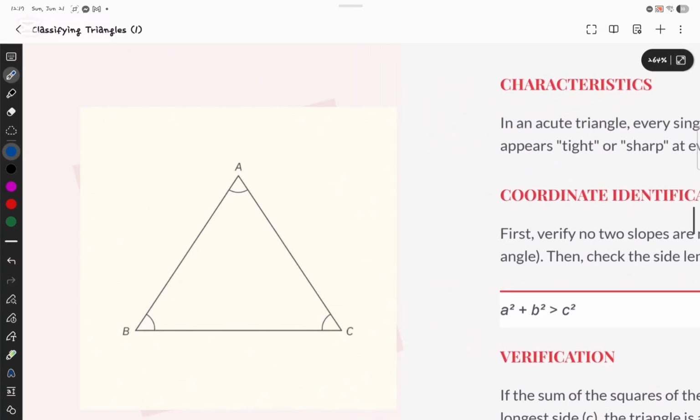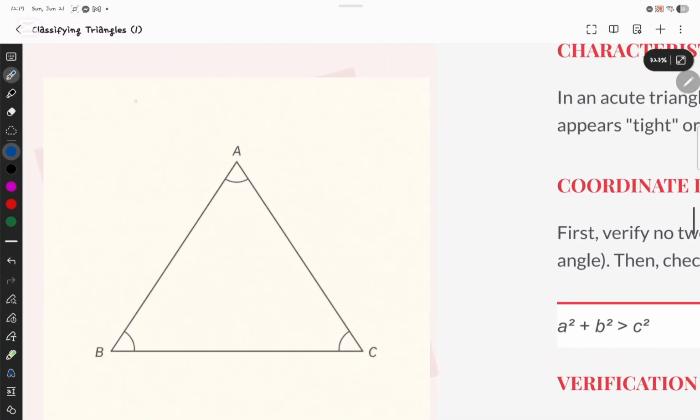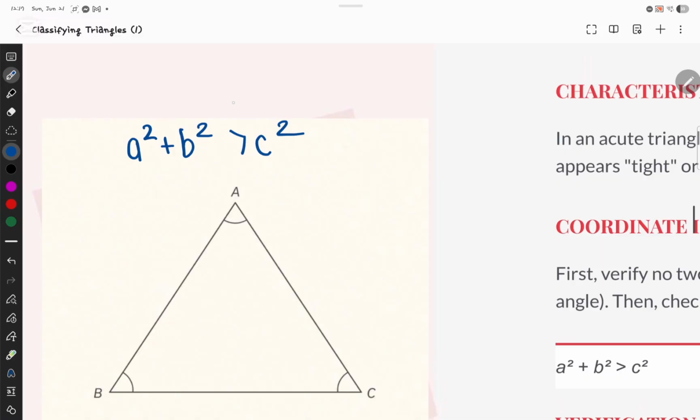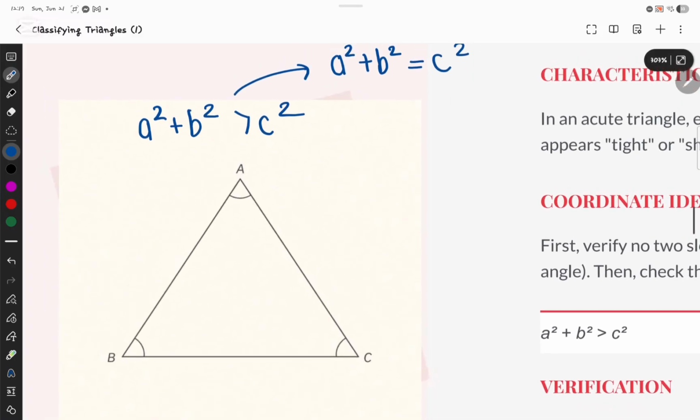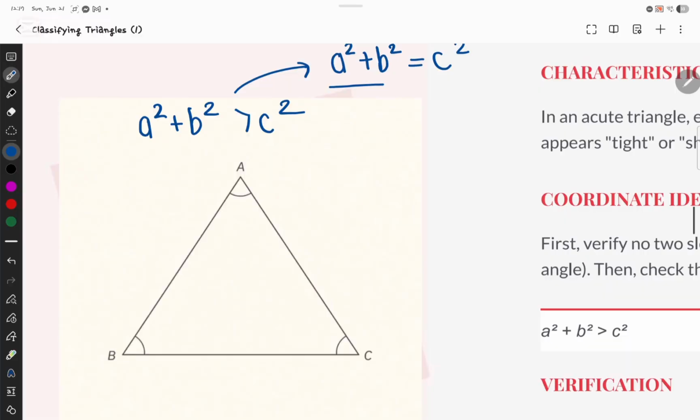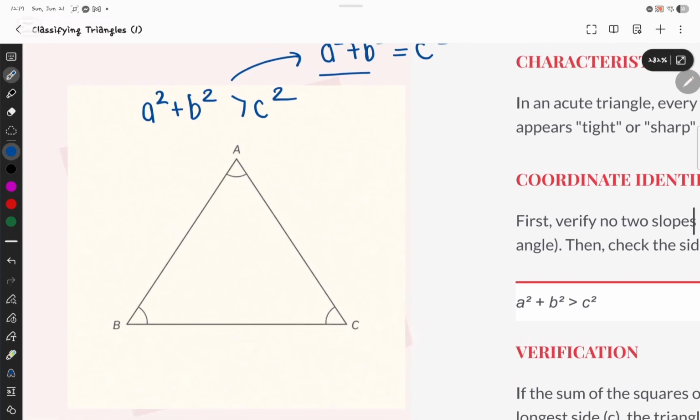So an acute triangle is when a squared plus b squared is larger than c squared, right? This is derived from the right triangle theorem, the Pythagorean theorem: a squared plus b squared equals c squared. So let's call this c squared, okay?